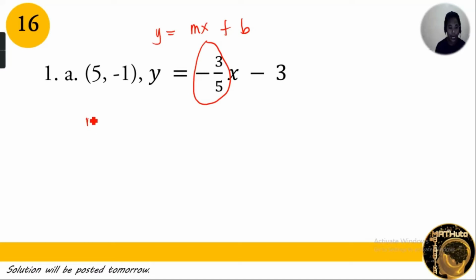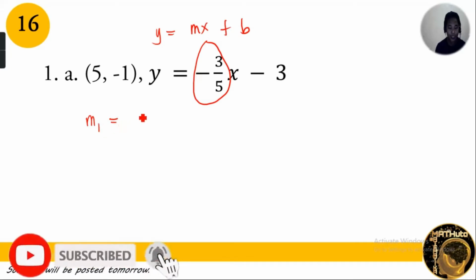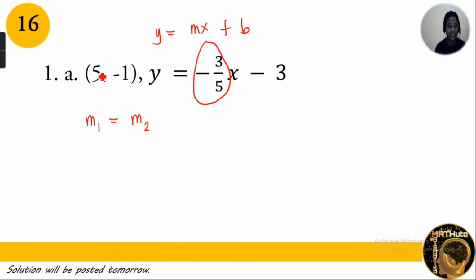So, the slope of the given line, or m sub 1, is equal to the slope of the line that passes through the point (5, negative 1). Using the equation y minus y sub 1 is equal to m times x minus x sub 1.